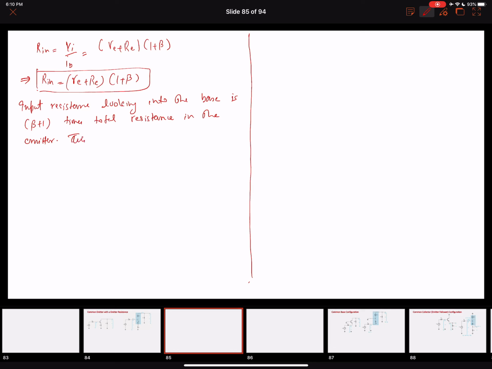And this is known as the resistance reflection rule. Okay, great. So what does this mean?